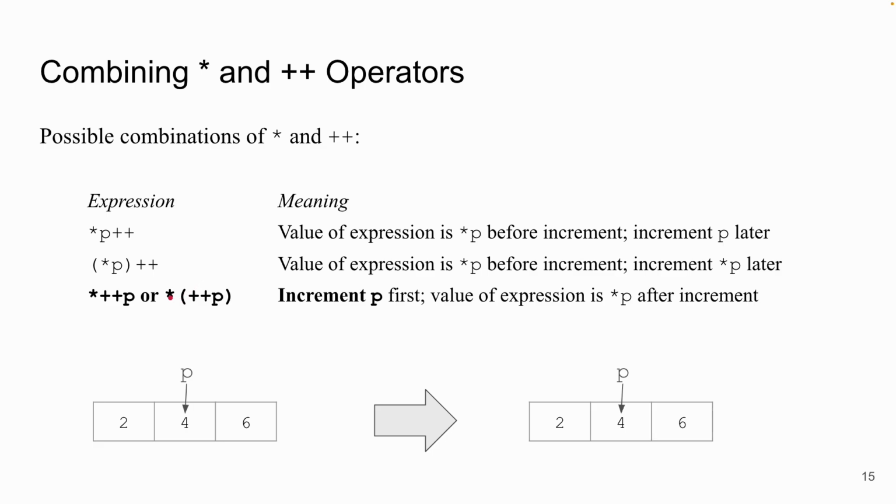Because the indirection operator is applied to ++p altogether, what we get in return is 4, the element p is pointing to right now. So this expression helps us first move where p is pointing to, and then get the value of the element p is pointing to right now.